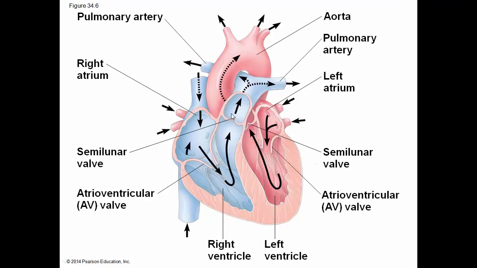So the semilunar valves are at the top of the heart, and the atrioventricular valves are between the atrium and the ventricle. Okay, so atrioventricular: atrium, ventricle. And semilunar valves are between the ventricle and the pulmonary artery, or the ventricle and the aorta. So here's the aorta with its three different main arteries that come off.